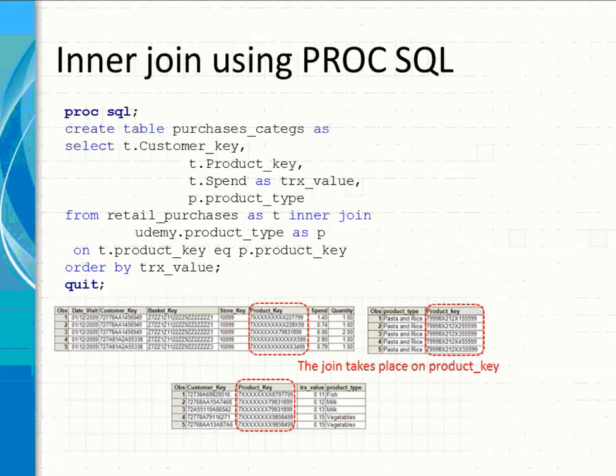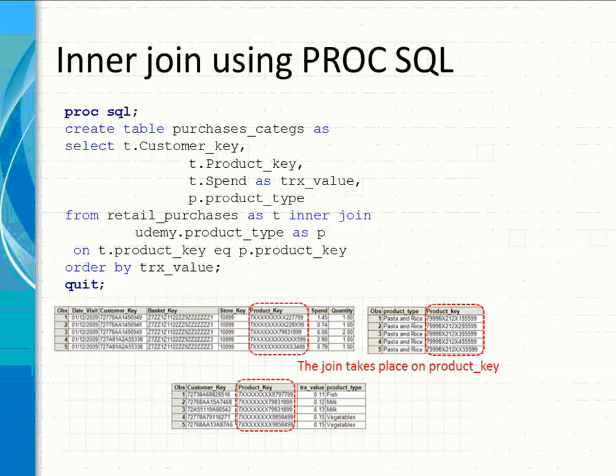Here's an example of an inner join using PROC SQL. We can't cover them all, but this is an example of an inner join. In this case you're creating the table purchases_cat_tags, selecting the customer key and the product key from the T table, where T is the alias for the table, and then the spend and the product type as well.